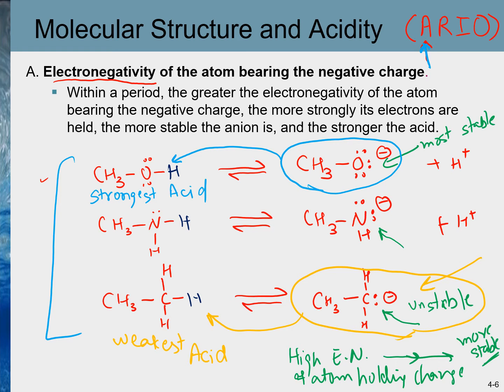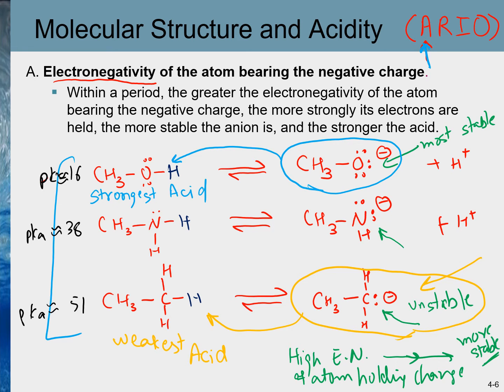And to confirm whether our prediction is right or wrong, I'm going to mention the pKa values of these three substances. pKa value of alcohol is approximately 16, pKa value for amines is approximately 38, and pKa value for alkanes is approximately 51.